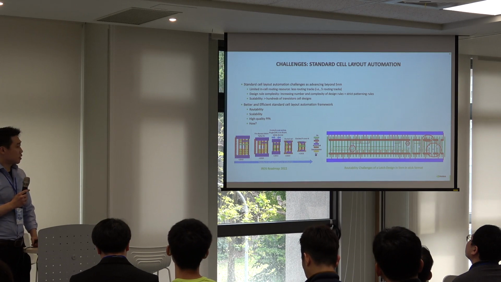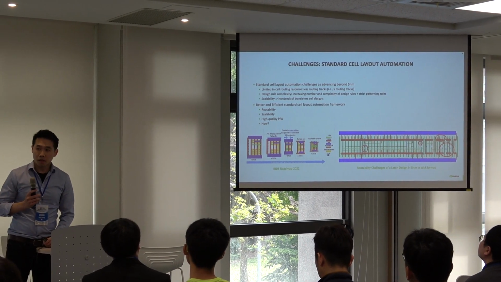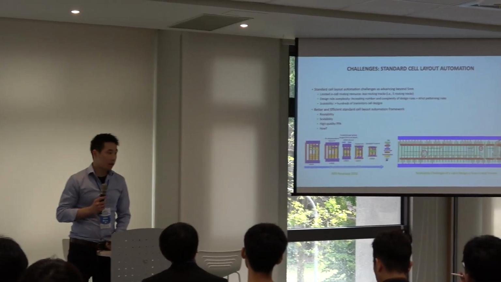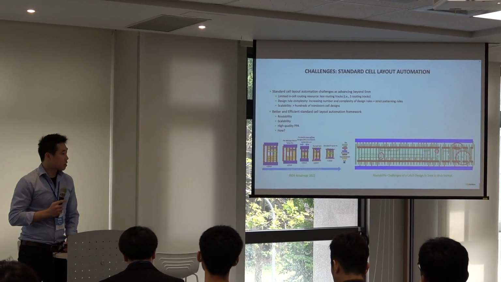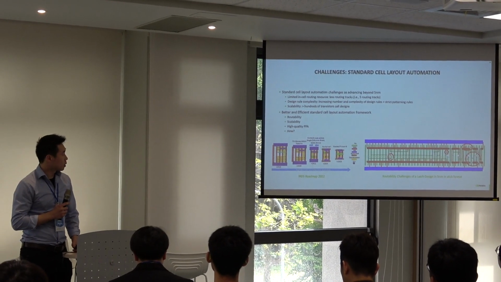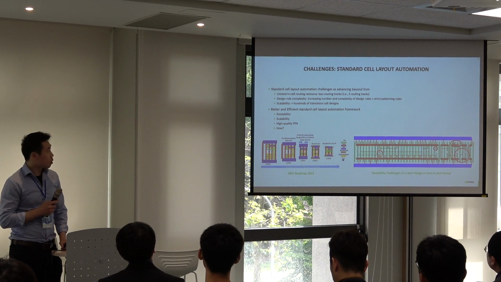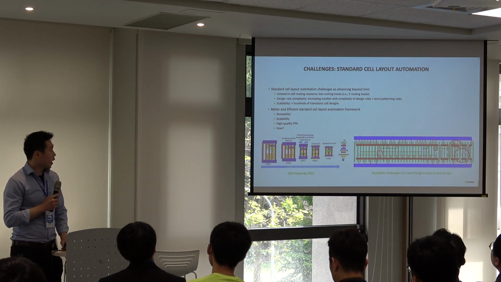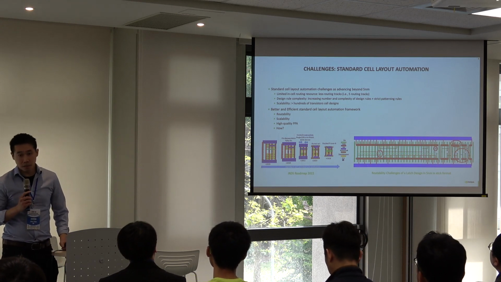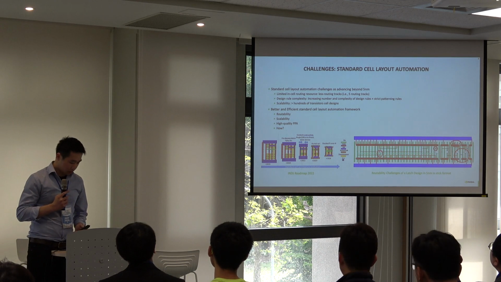And finally, it's the scalability. As you know, in the industry, a standard cell library has more than 100 cells, with many transistors inside the library. And we found we need a better and more efficient standard cell layout automation framework for reliability, scalability, and high quality PPA. But the key question is how to achieve this.